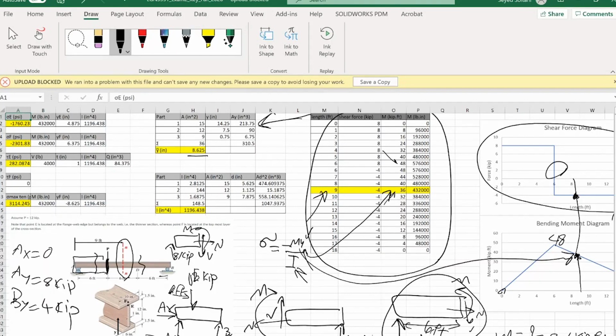How about I? I needs a little bit more work. We need to use the parallel axis theorem again, coming from statics. Again, we're going to use the same tabulated approach.